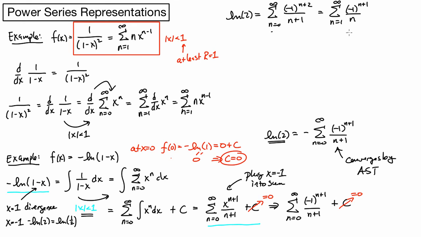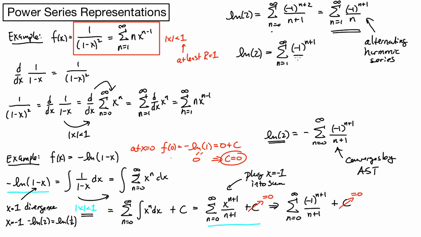So natural log of 2 is given to us by this sum, but if you recognize this sum, this is the alternating harmonic series. So natural log of 2 is equal to the sum of the alternating harmonic series.